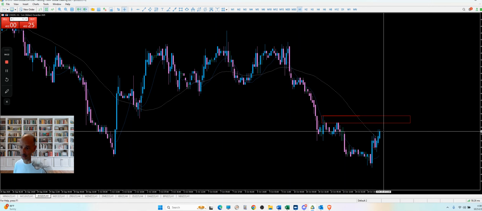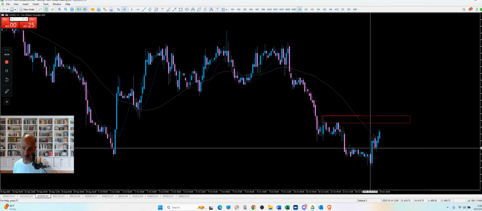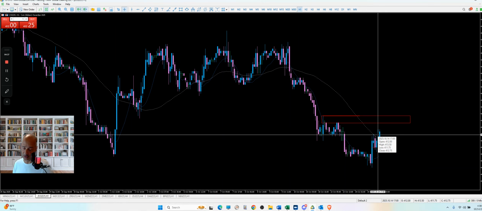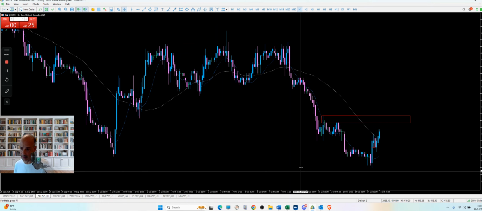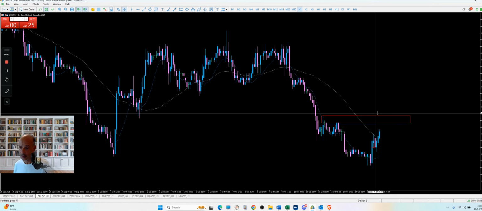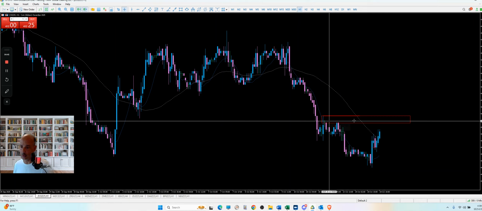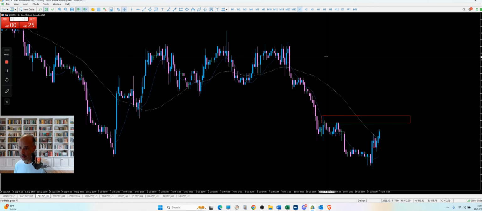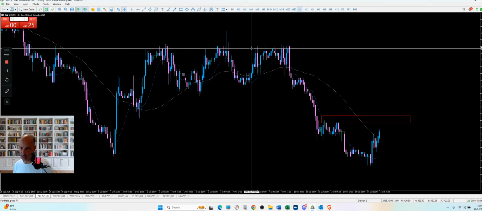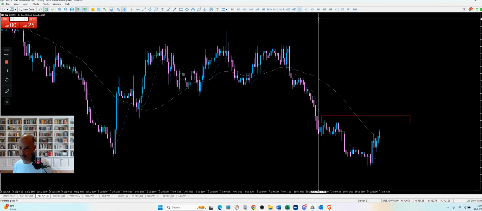We did have a little bit of bullish momentum today, but you can see, obviously with the limited hours that these markets are open, it doesn't make a lot of advancement. But if we get a break over this last 1 hour swing level, which is right here, then that could be a reason for me to think about longs again, at least to trade back up towards this higher 4 hour level up here.